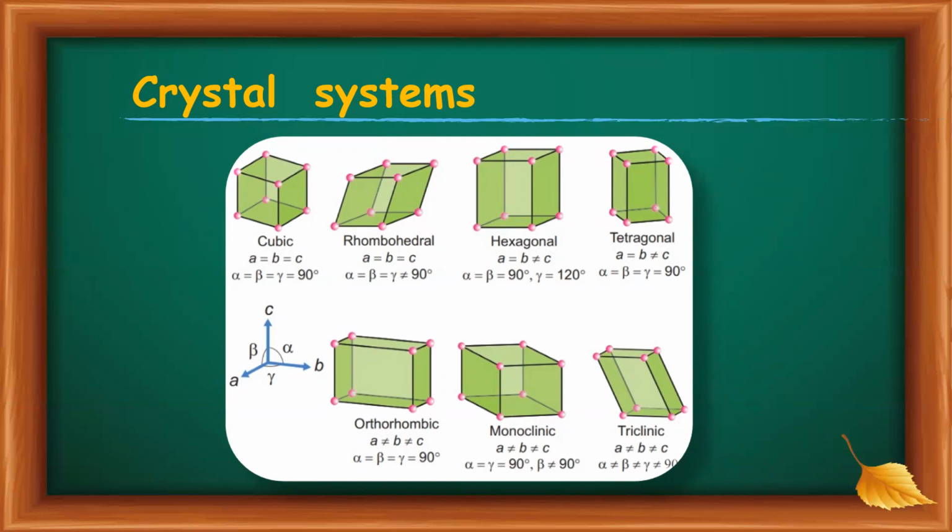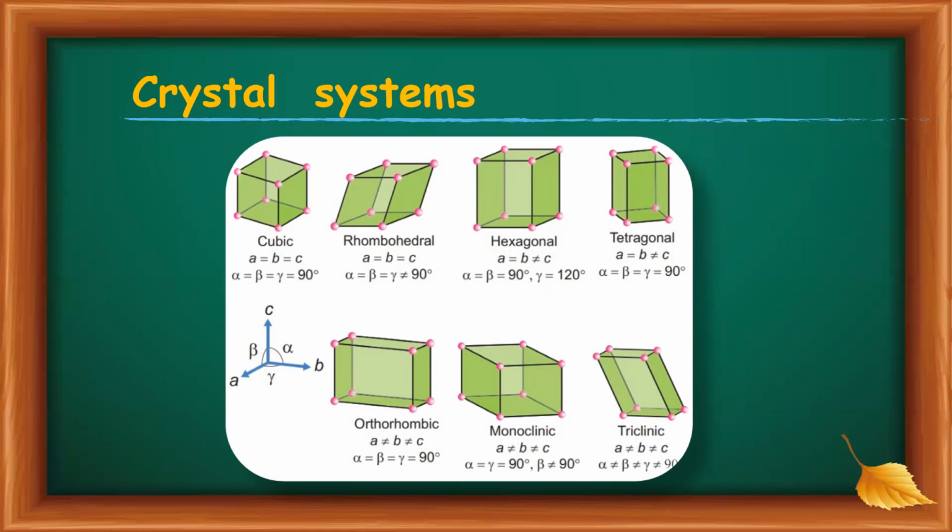In hexagonal, A is equal to B not equal to C, alpha equal to beta is equal to 90 degree, and gamma is equal to 120 degree.